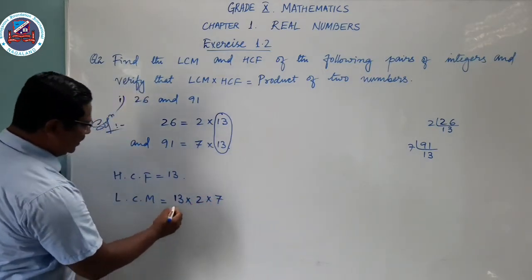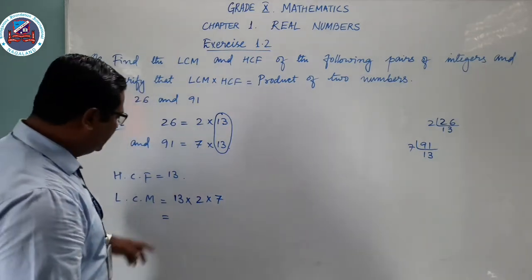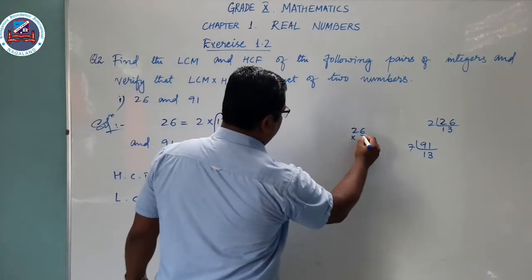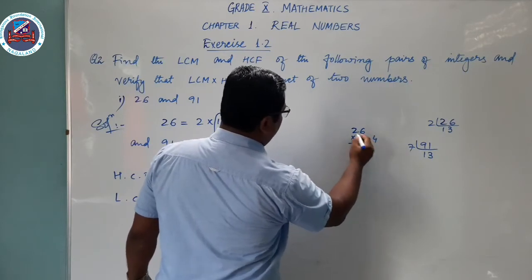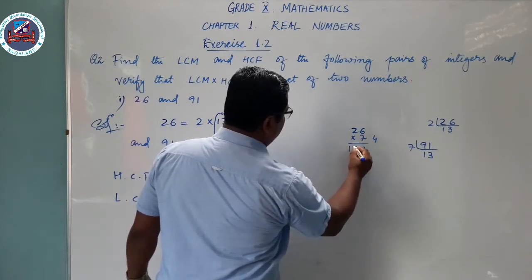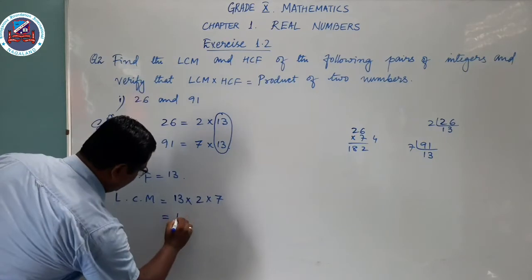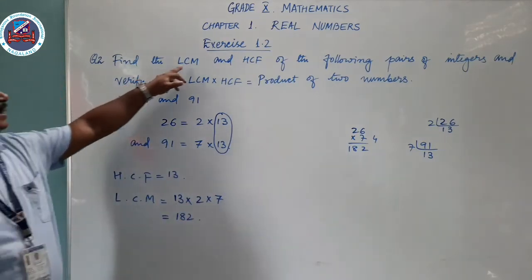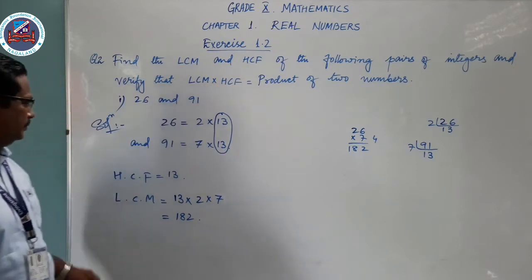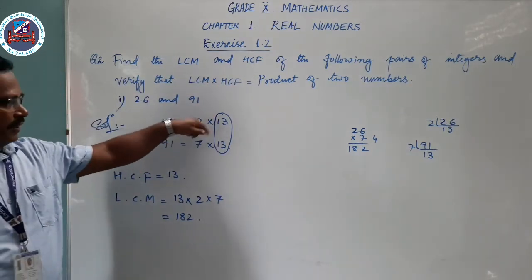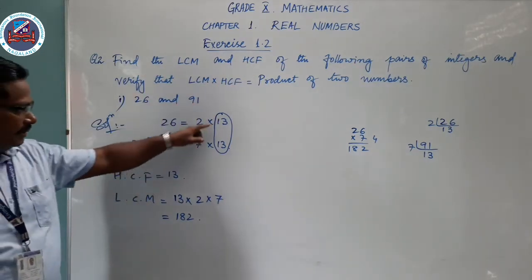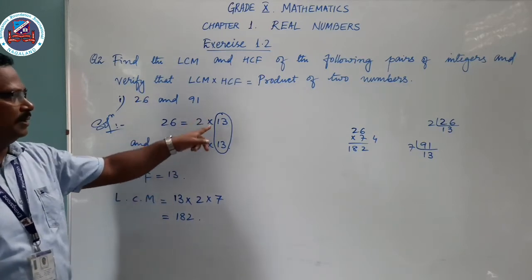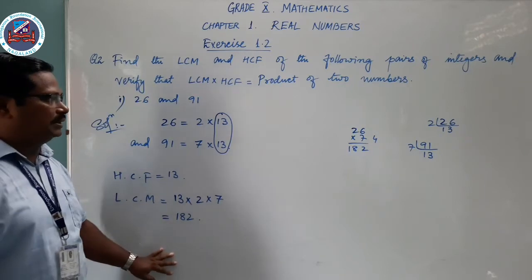So if you multiply them, you will get the LCM. 13 twos are 26 into 7, 26 into 7 is 182. This way you can find out the LCM and HCF. First the HCF, the highest common factor, and for LCM, the HCF you got, multiplied by the other numbers that you didn't take earlier, you have to multiply them.